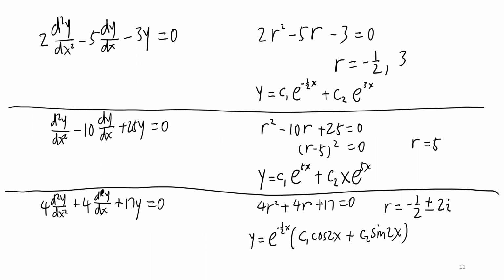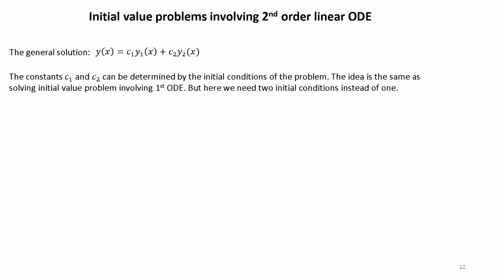So now we know how to find general solutions, at least for this type of ODE. Now again, when we solve a physics problem, most of the time we don't just want the general solution, but instead the solution that specifically corresponds to a physics situation, which is an initial value problem.